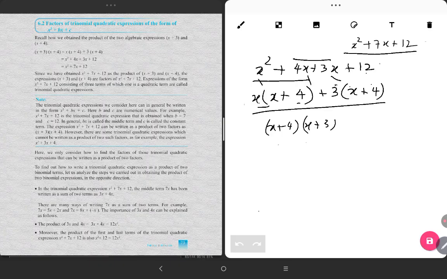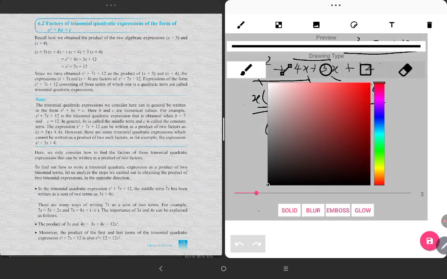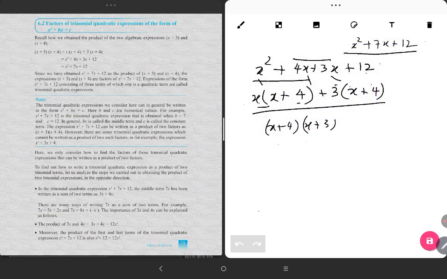Now you may ask me, how did I decide to write 4x plus 3x for this 7x? Why didn't I choose to write x plus 6x or 2x plus 5x?